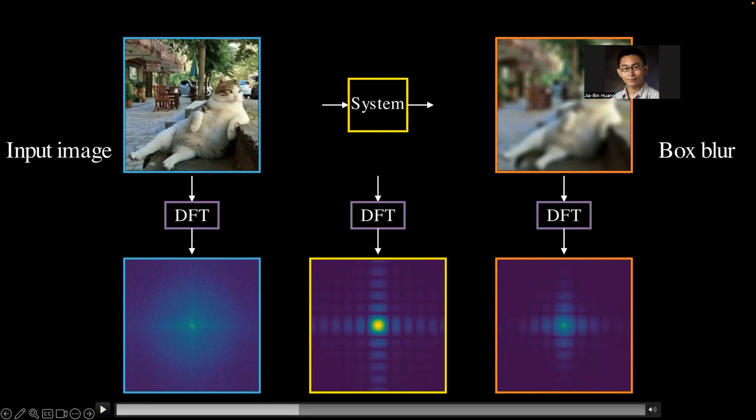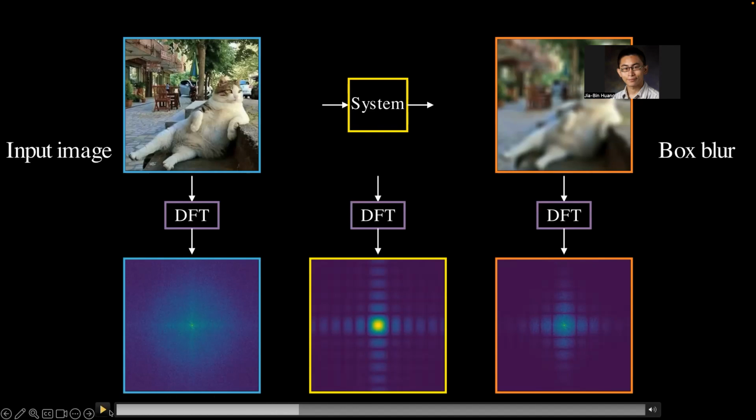What the box filter is doing is trying to modulate the frequency magnitude of the input. The way it modulates this is it keeps the low frequency intact, like a low pass filter, but it has these weird artifacts where it still lets some of the high frequency components pass, and therefore you see this kind of artifact here.